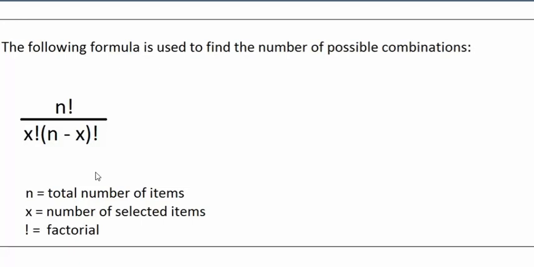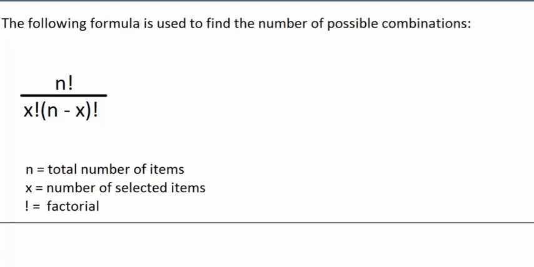So if you see a 3 with this exclamation point, that would be 3 times 2 times 1. If you see 2 with this exclamation point, it's 2 times 1. And if you just see 1 with an exclamation point, that's simply 1. So you start at the number and multiply going down all the way to 1.